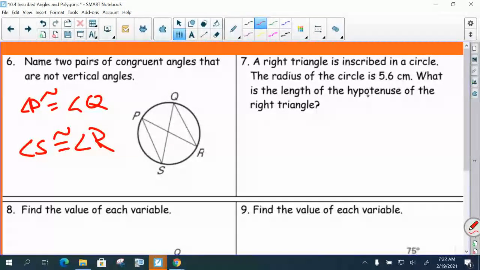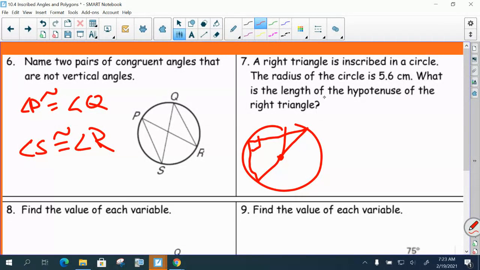Number 7. If a right triangle is inscribed in a circle, let's do a little visual, then that means the hypotenuse is the diameter. So we'll do a little diagram here. Wait a minute, no, I'm drawing this the wrong way. Okay, how about that?